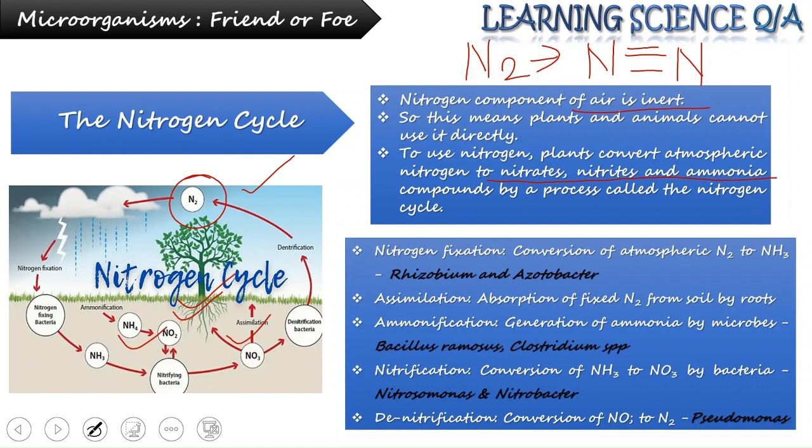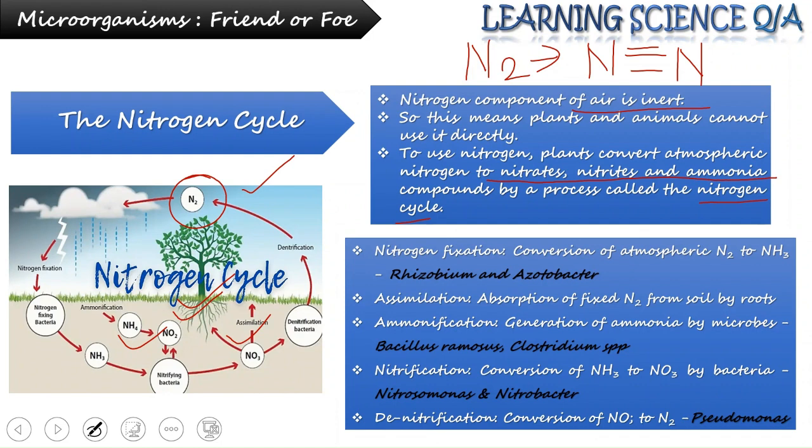So we can see the nitrogen cycle consists of four major steps. First is nitrogen fixation, which converts atmospheric nitrogen to ammonia. It takes place with the help of microorganisms like Rhizobium and Azotobacter.